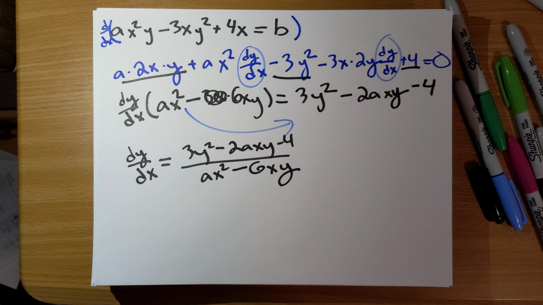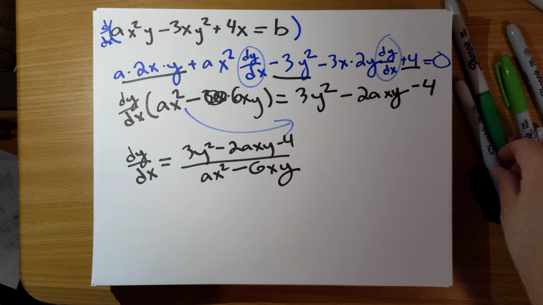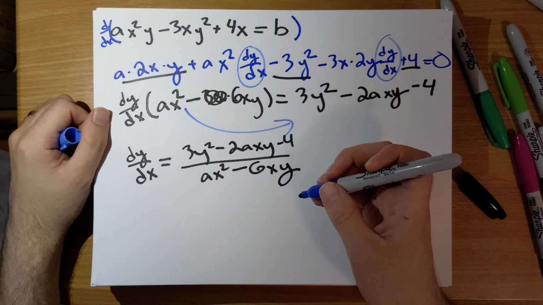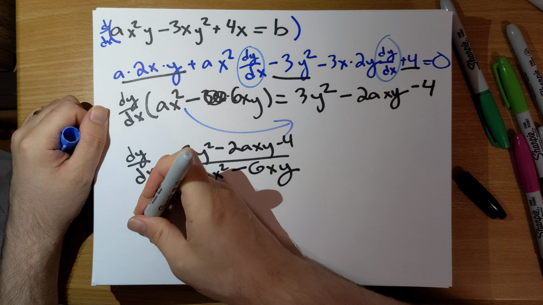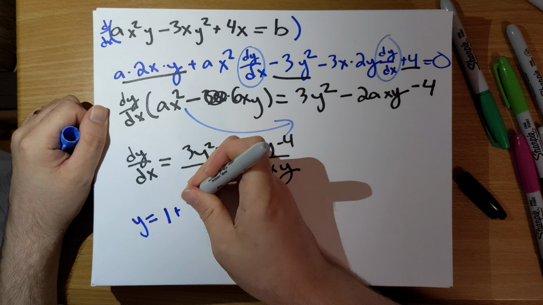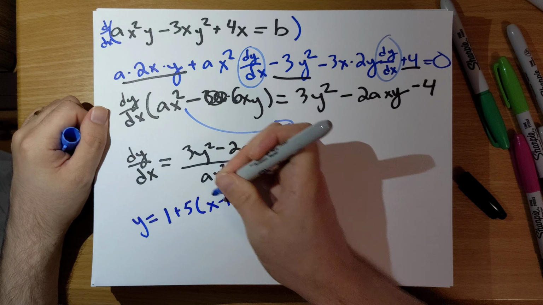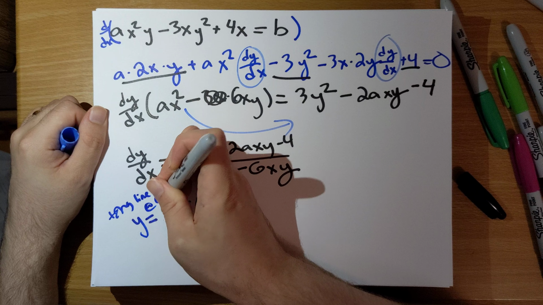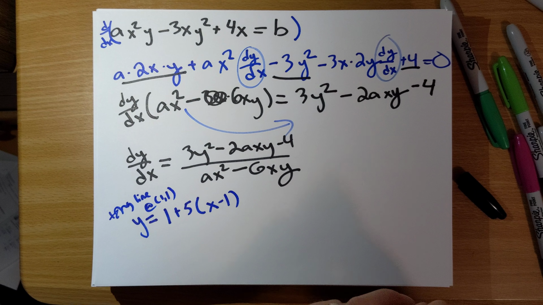Okay, part B says, suppose the tangent line to the curve at the point (1, 1) is y equal to 1 plus 5 times (x minus 1). This is the tangent line at (1, 1). What information is this giving us here?